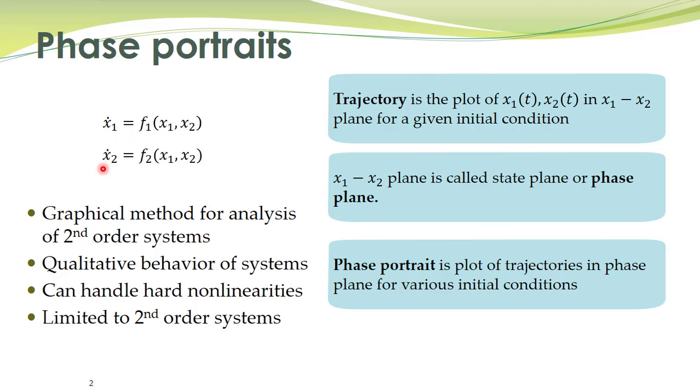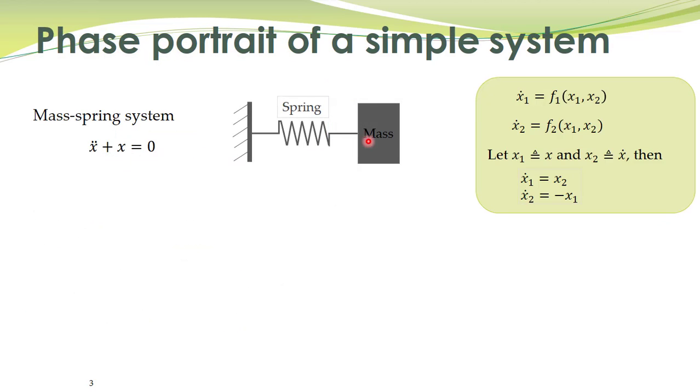It can be brought into this form, for example, by selecting x1 equal to x and x2 equal to x dot. Then this differential equation can be brought into this form, which is similar to the one which we considered in the first slide.